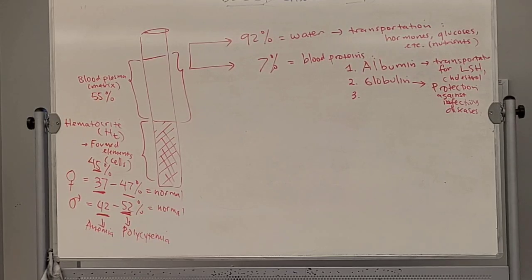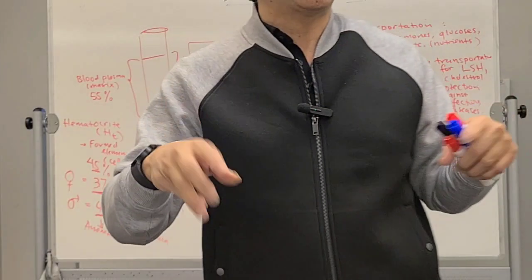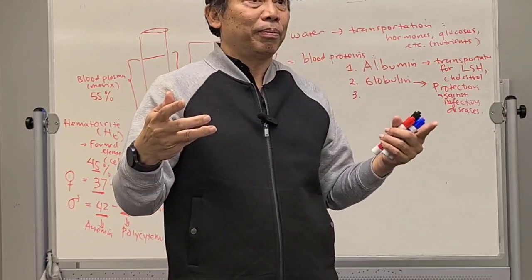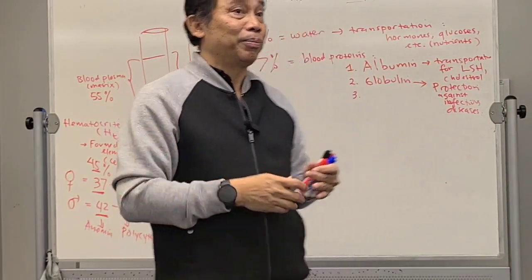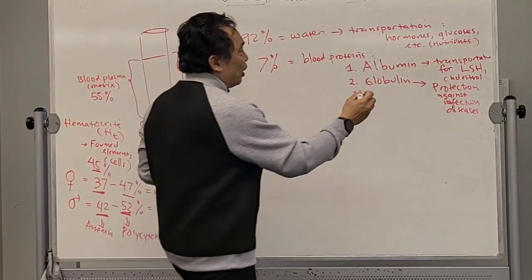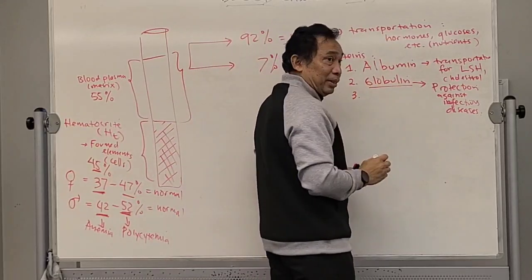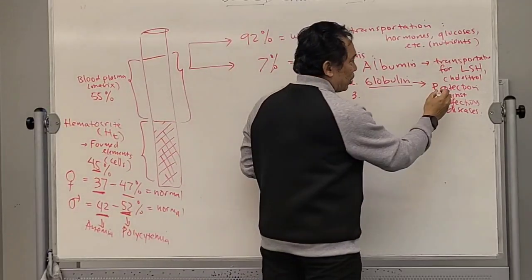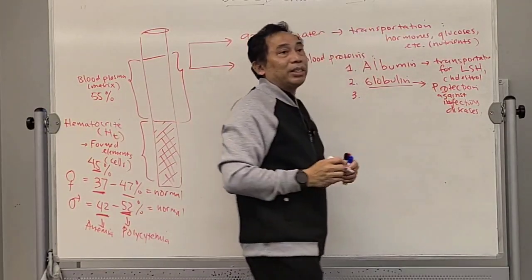Maybe your blood vessel is not good. Maybe there is a blockage in your blood vessel. Or maybe your heart is not pumping the blood. Are you with me? Okay? So infectious disease means the disease that is caused by pathogens, by organisms, mostly microorganisms. So this globulin's main function is protection against infectious disease.